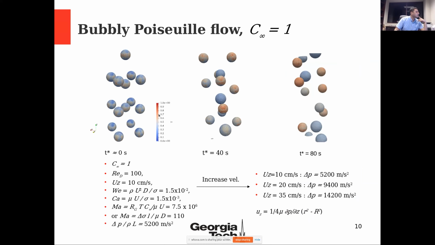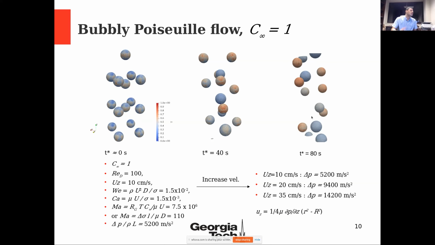And as I said, for high concentration, it changes the forces on the bubbles. First of all, the most important thing is that the bubbles actually show unphysical coalescence. In our experiment we don't see this, so if you count the number of bubbles here, it is not 15, it's less, about 12 or 11.